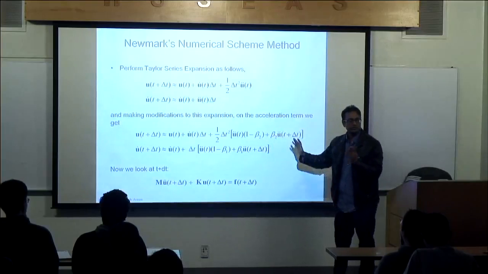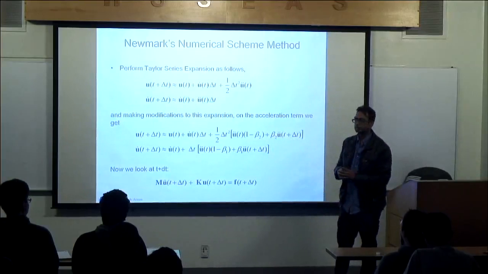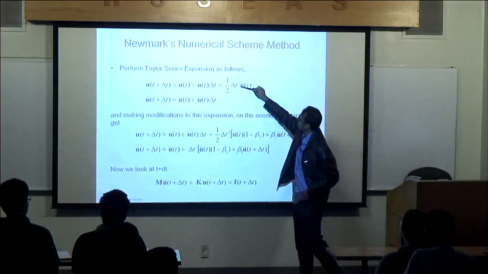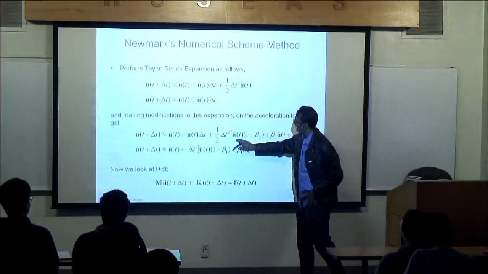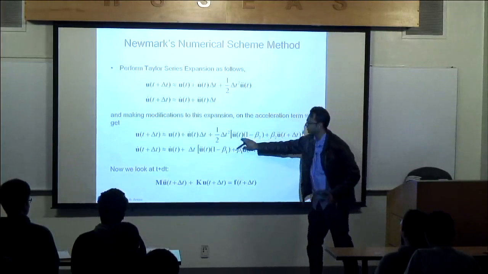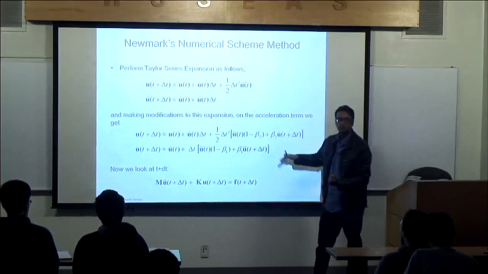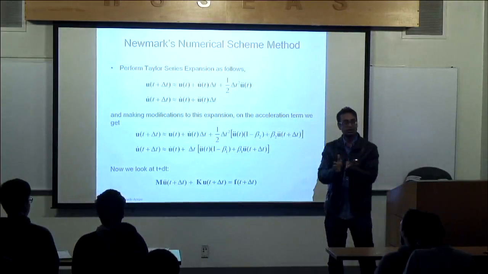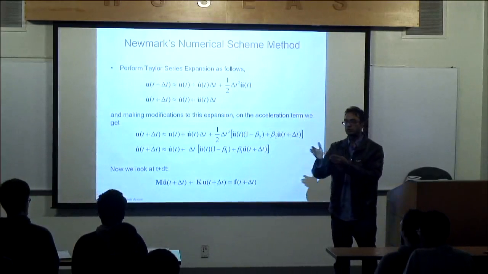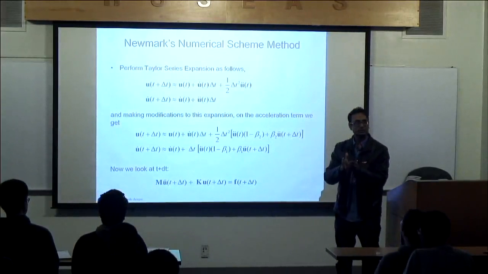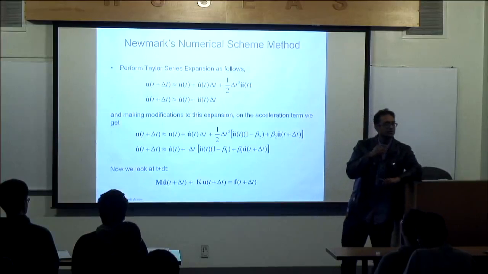That's the only modification we've done to the Taylor series expansion. We've taken this term and replaced it by a linear interpolation of the acceleration term between the future and the present, with a beta 2 that tells me what ratio I want from the future and what ratio I want from the past. Is that clear?